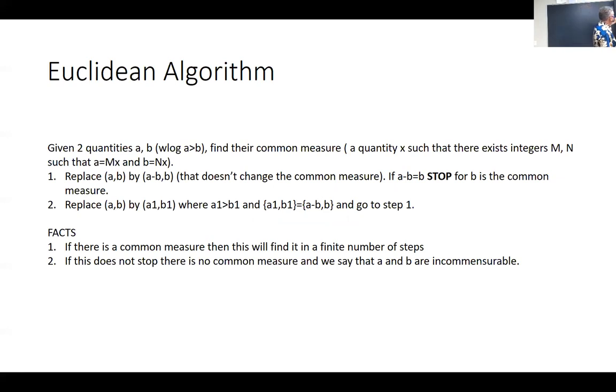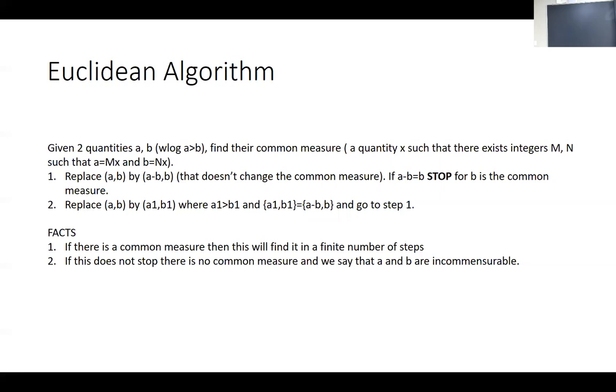So if we're given two quantities A and B, and let's assume that A is bigger than B, don't think of them as numbers; they're any kind of quantity. They could be lengths, volumes, areas, etc. We want to find their common measure. By that we mean some quantity x such that there exist integers m and n such that a equals mx and b equals nx. So x measures both of them.